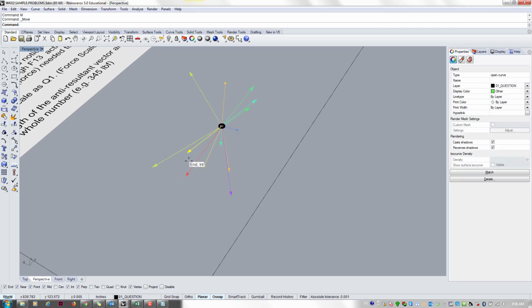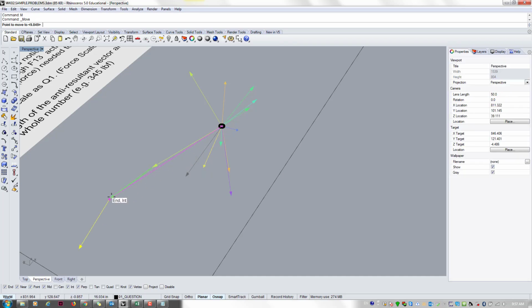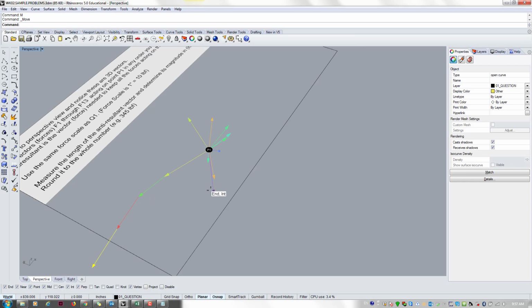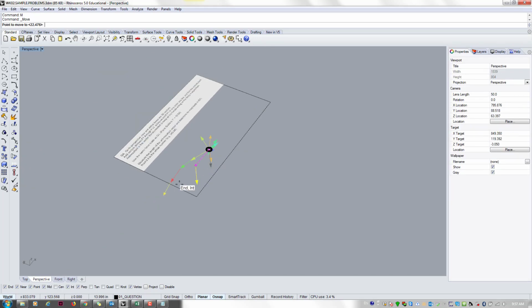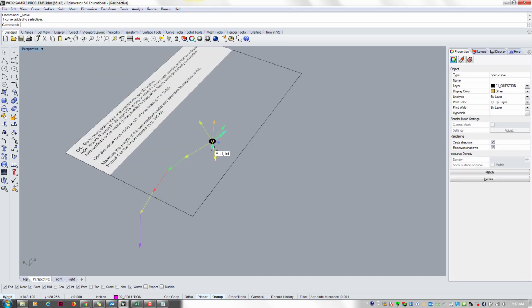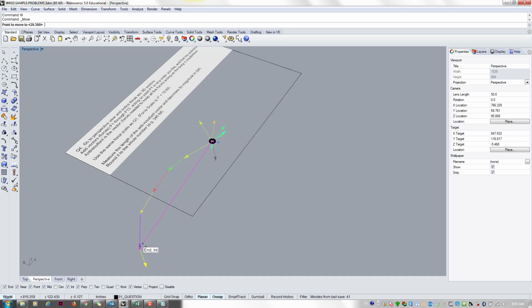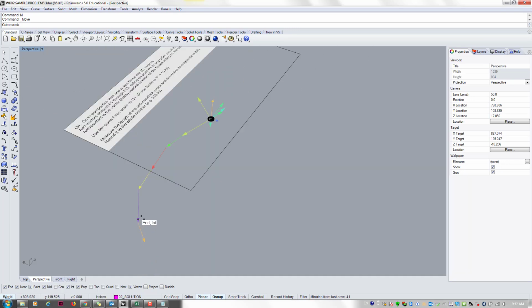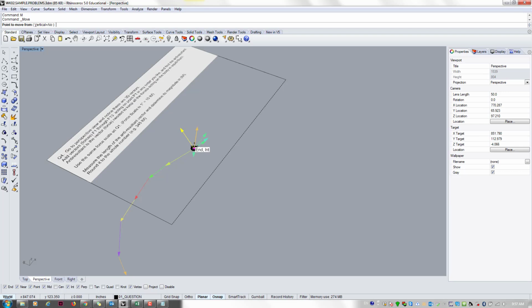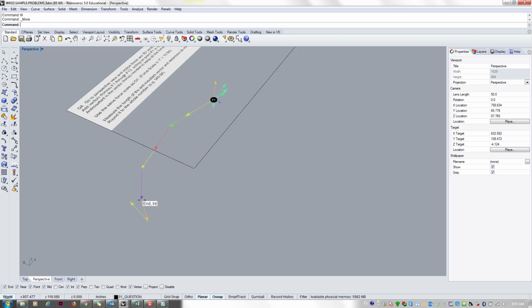Make sure the project is not on. I can pick this as a first vector. Basically you add everything tip to tail. Make sure everything is snapped to the endpoint.